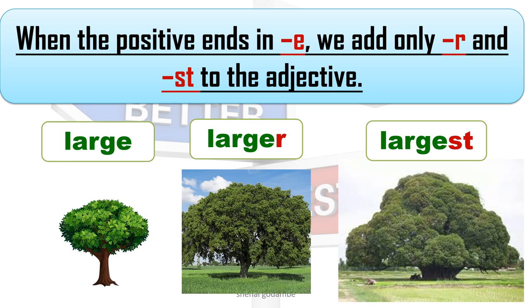Large, L-A-R-G-E, E was there at the end of this word, and we have just added ST. Okay, so that is the rule. When the positive ends in E, we add only R or ST to the adjective while forming comparative and superlative degree.